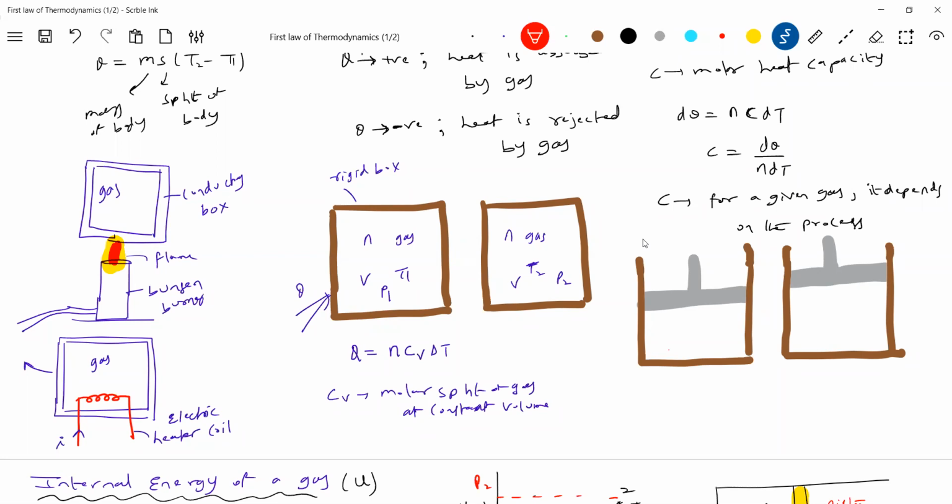Okay, I'll supply heat. The gas is at temperature T1, with atmospheric pressure force, and P into A, and the volume of the gas is V1. I'll supply heat, and you see the piston has raised up. The temperature is T2, the volume V2.